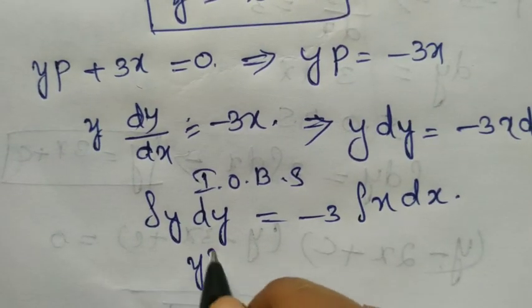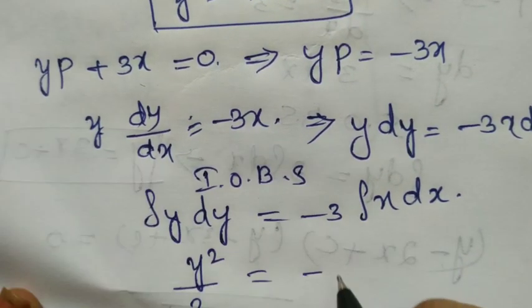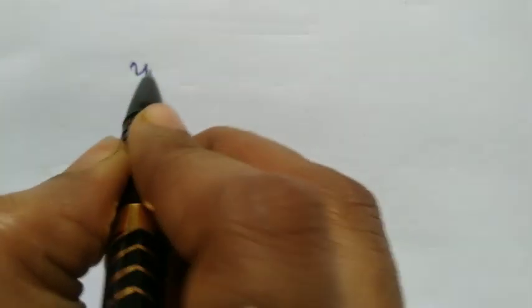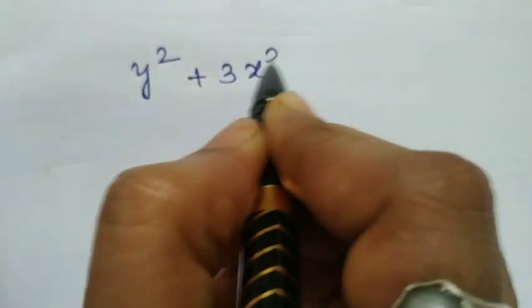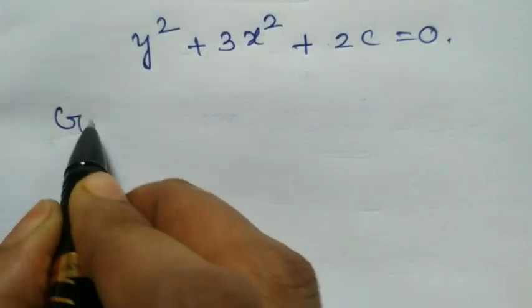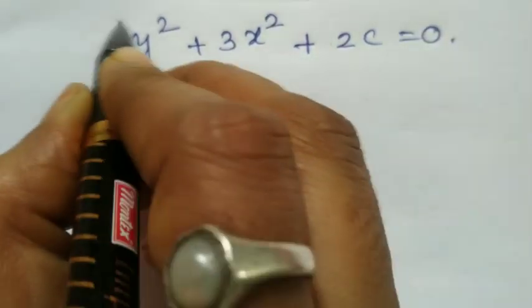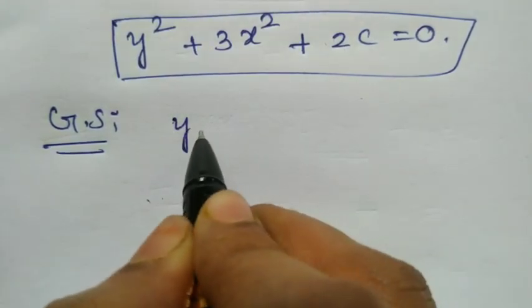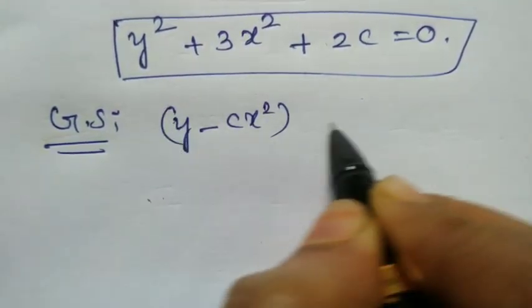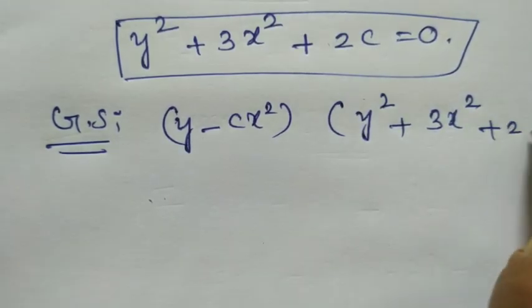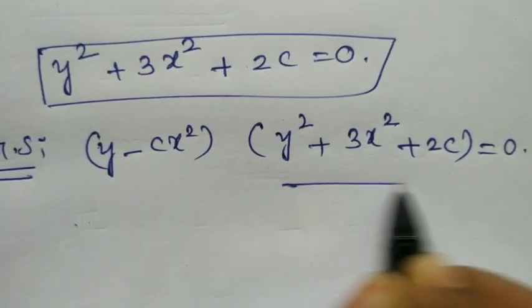Therefore y square by 2 equal to minus 3 into x square by 2 plus c, so y square plus 3x square plus 2c equal to 0. Combining these two solutions, the general solution of the given problem is y minus c x square into y square plus 3x square plus 2c equal to 0.